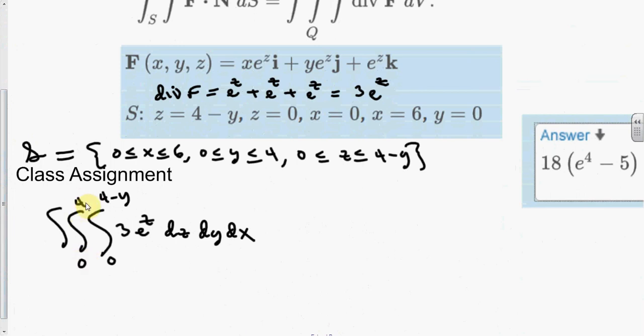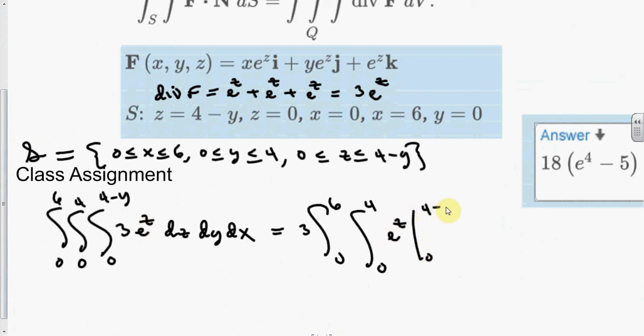Y goes from 0 to 4, and then x goes from 0 to 6. So we integrate first with respect to z, and this gives us, put that 3 out in front, 0 to 6, next integral 0 to 4. Integrate e to the z, you just get e to the z. So this is e to the z evaluated from 0 to 4 minus y, dy dx.